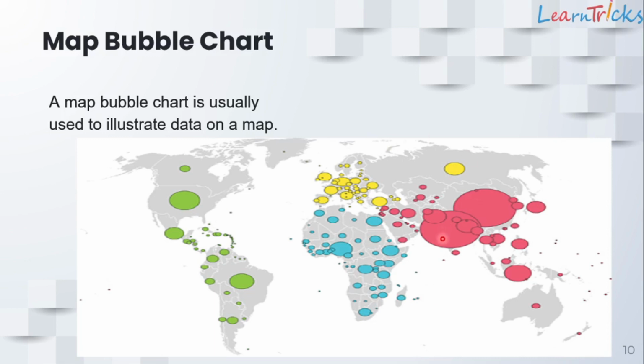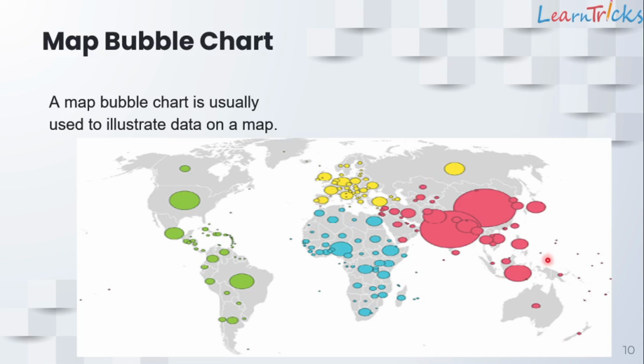The change is just that instead of having the x and y axis, we have the map, or the longitude and latitudes. So here we can see that the sizes in the Asian region are somewhat larger, and the sizes in other regions are somewhat lower.